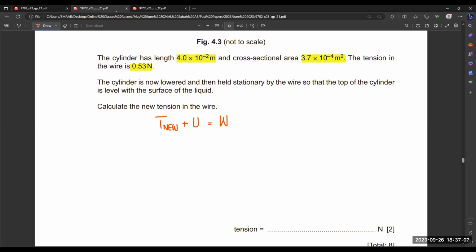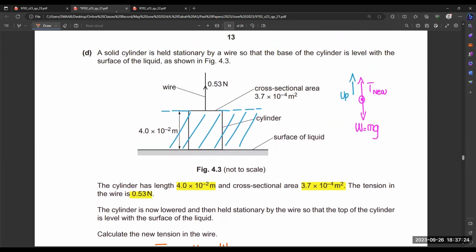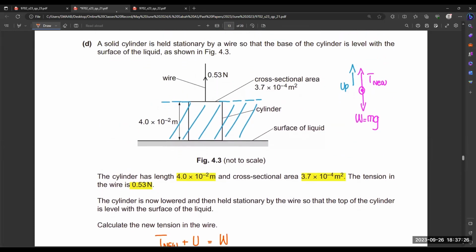Okay, basically, what we have to do now is we can use the Archimedes principle, right? The force equals rho, gravitational field and the volume. So we have to find out the weight, and the new tension is unknown basically.